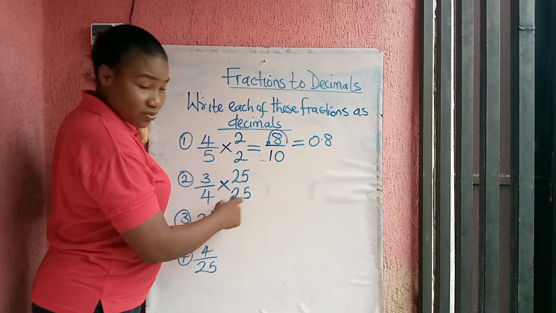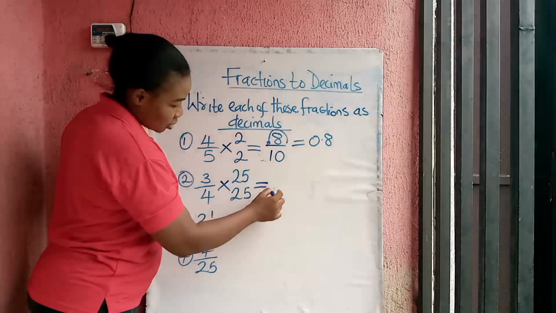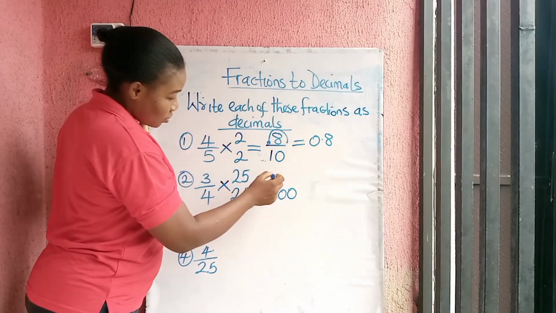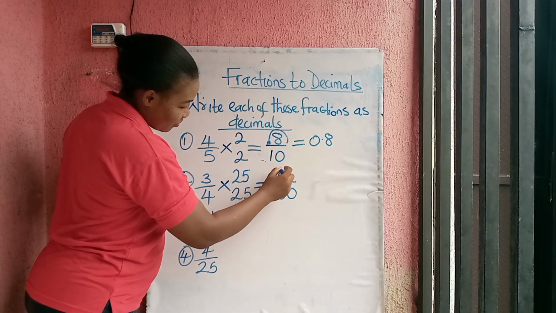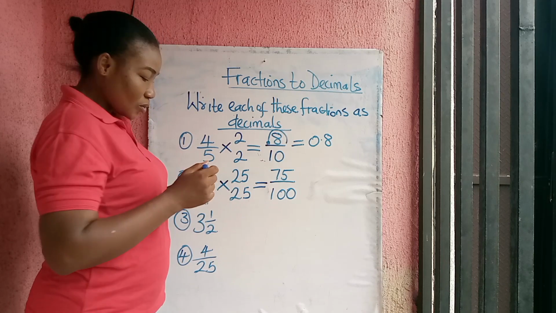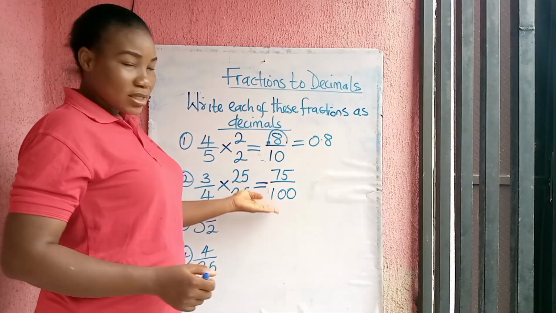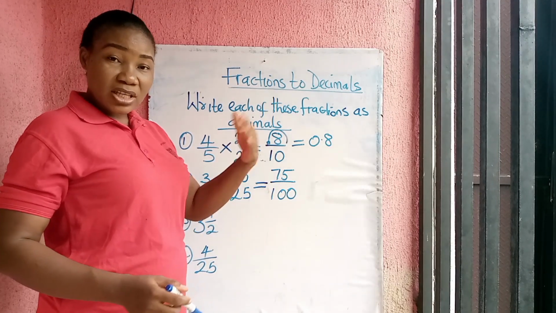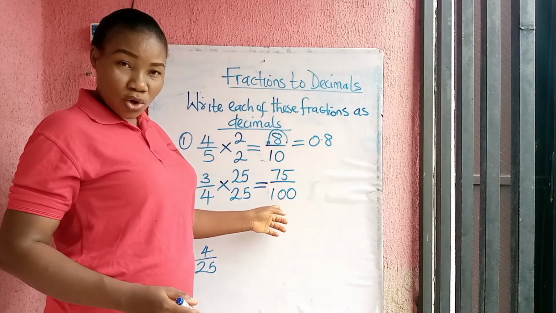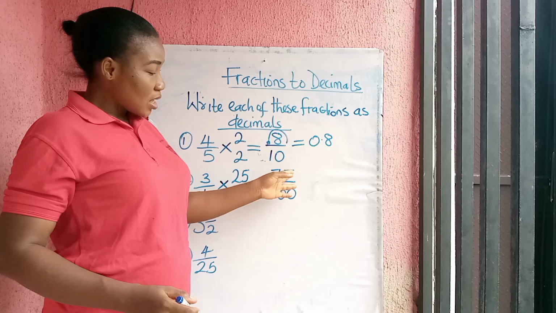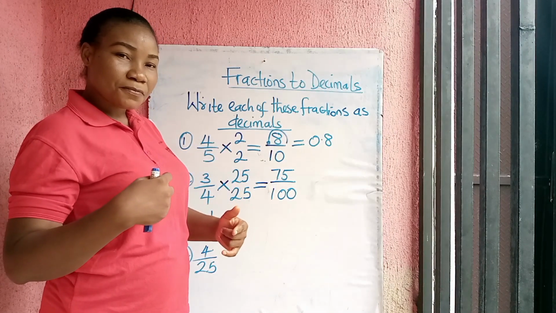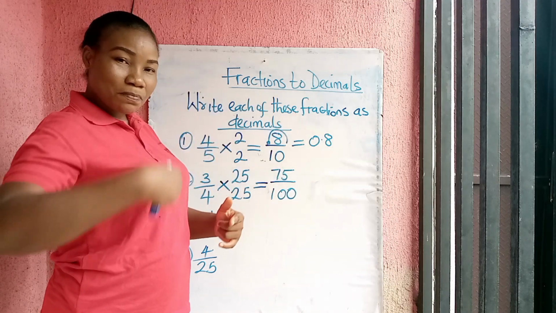4 times 25 will give us 100. 3 times 25 will give us 75. So at this point, our denominator is now in the power of 10, being a greater power of 10, which is 100. We are going to correct our numerator 2 decimal places backwards.